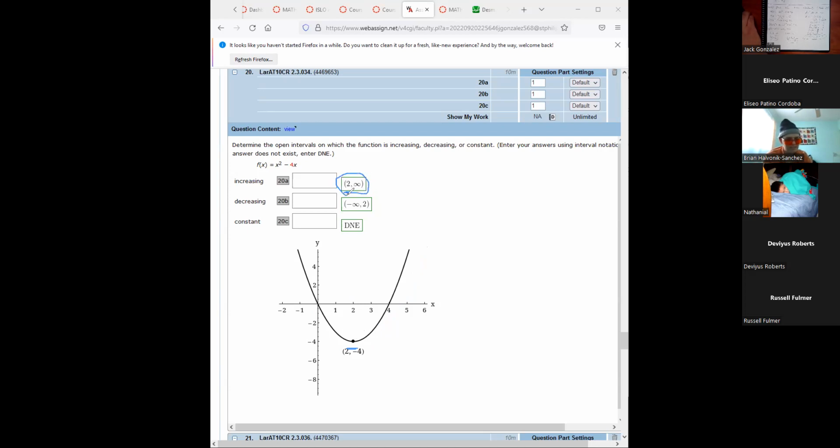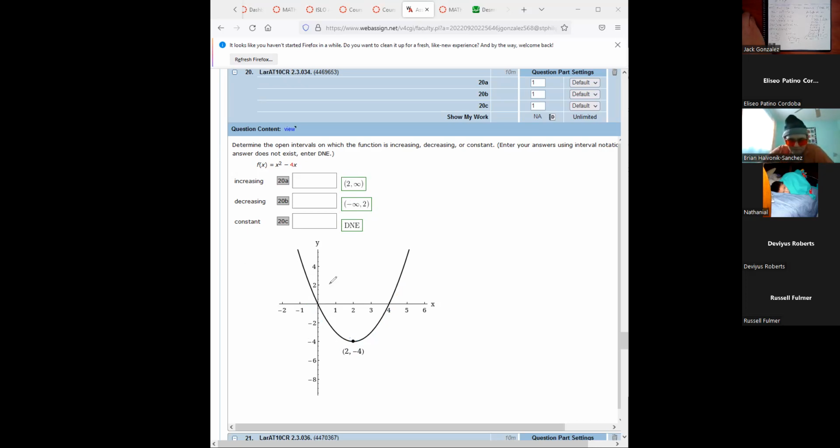But at 2, we are not increasing. Before 2, going all the way to the left, the car would be coming downward. After 2, I start to go upward. So there's a point that we call an inflection point. That's when the concavity changes or the slopes change, but we go more into detail about that stuff in Cal 1. But do you see how this point is neither? That's why we have to put parentheses.